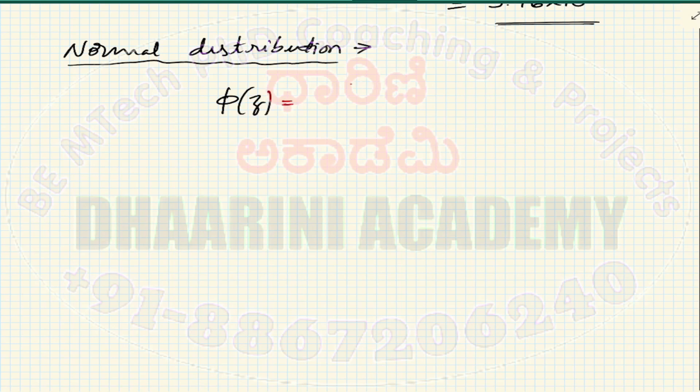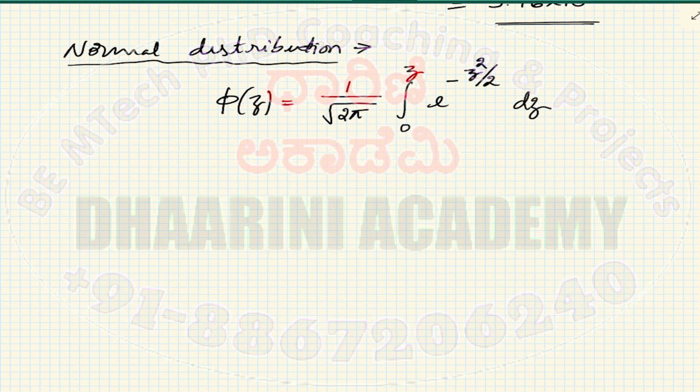Phi of z is equal to 1 over root of 2 pi integral 0 to z e to the minus z square by 2 dz.